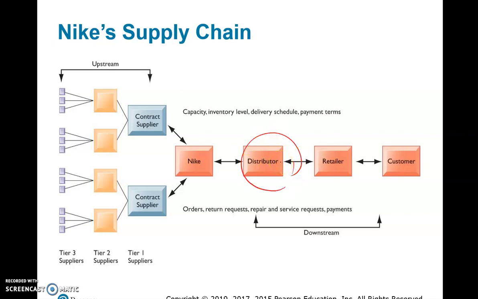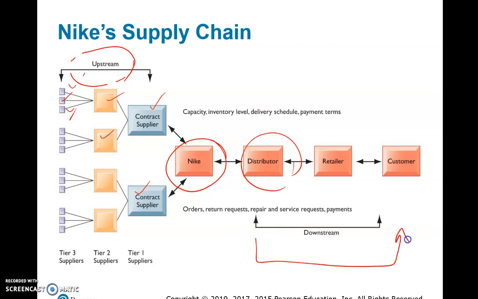Nike has its own distributorship, and then Nike makes these shoes from various suppliers, the two contract suppliers, who in turn have got other companies who are going to give them their supplies, who in turn have other things as well. So this is the upstream of the supply chain, and this is the downstream of the supply chain.